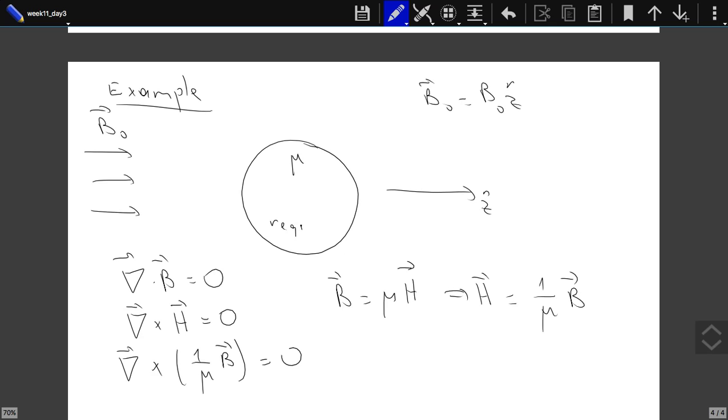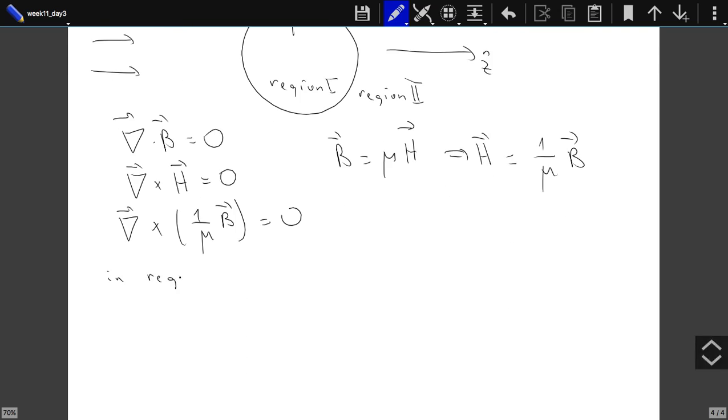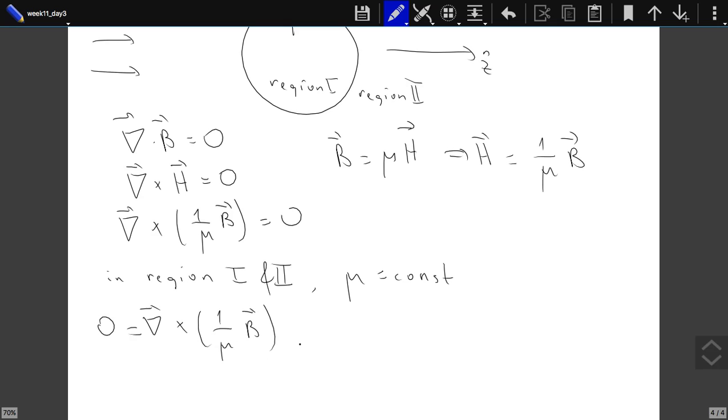So let's say this is region 1 and region 2. In regions 1 and 2, mu is just constant. So curl of 1 over mu B is equal to 1 over mu times the curl of B, which is 0, and hence curl of B is also 0, both inside and outside.